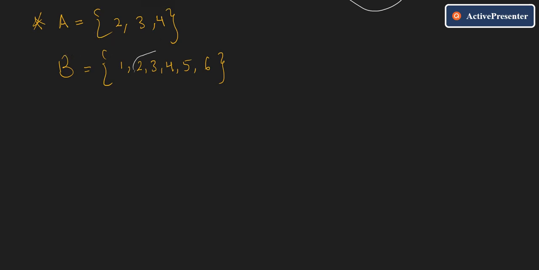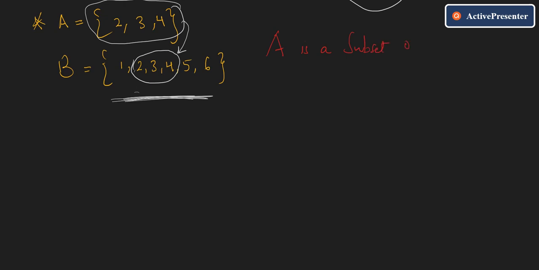If A is within the set B, we can say that A is a subset of B. In other words, we can write the notation as A is a subset of B.